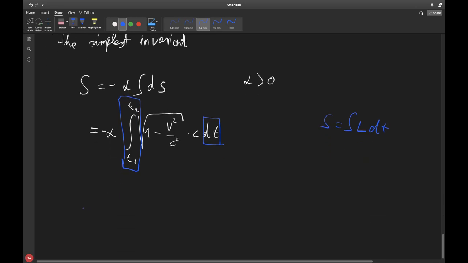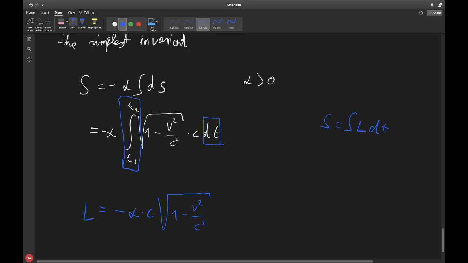So very quickly, the Lagrangian is the same as minus alpha times c, I just move this out here, and we have this formula: the square root of 1 minus v squared over c squared is apparently the Lagrangian of the simplest mechanical system, which is relativistic.